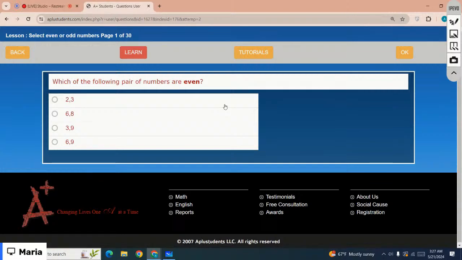Which of the following pair of numbers are even? Pair of numbers are even means both the numbers must be even. So which is the correct option?